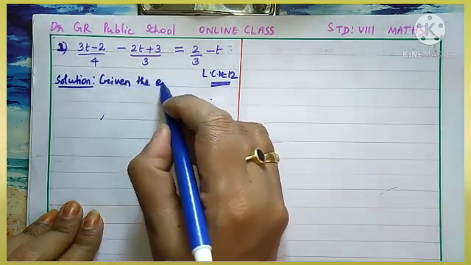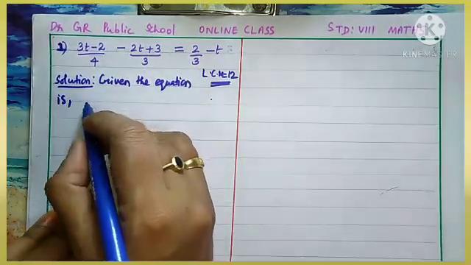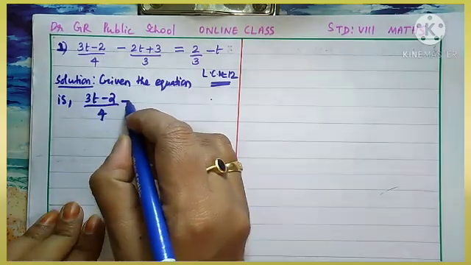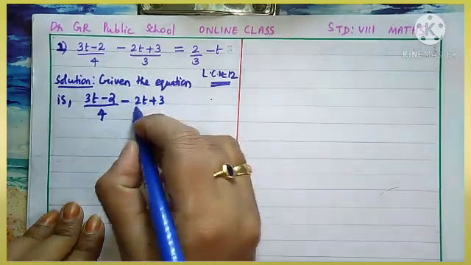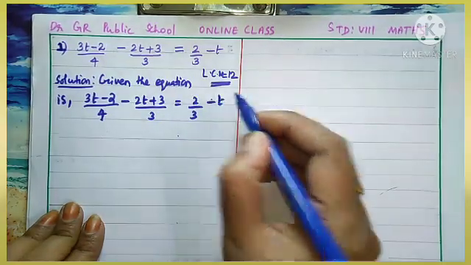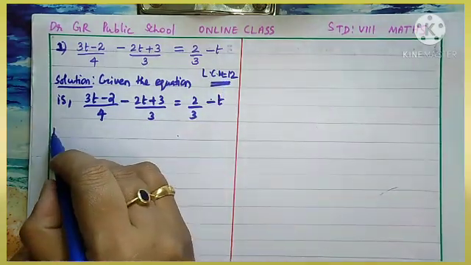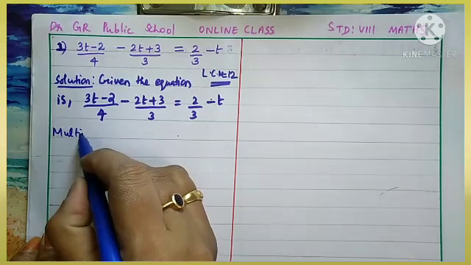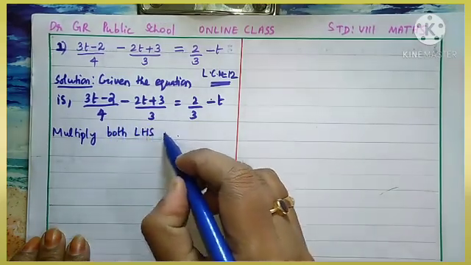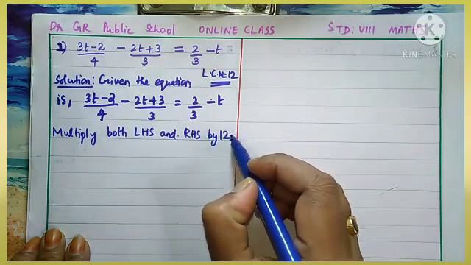Given the equation is, yes, what is our equation? 3t minus 2 by 4 minus 2t plus 3 by 3 equal to 2 by 3 minus t. Okay, now I am going to use the LCM. So how are we using? Multiply both LHS and RHS by 12.